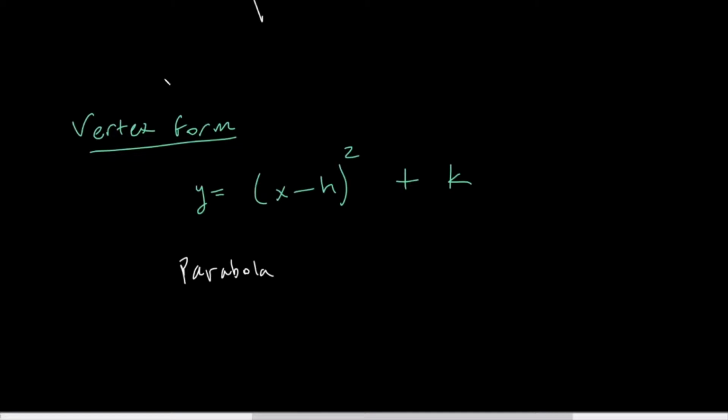And what is happening to this parabola is that it is being shifted k units up, k units of vertical shift, and h units of horizontal shift. Notice h for horizontal, so that's convenient. H units of horizontal shift.